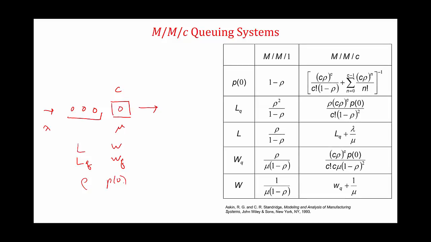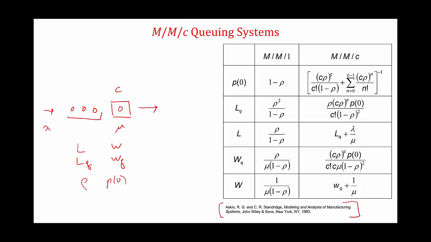So we can easily find these things under the MMC assumptions that the arrivals are Markovian and that the service is also Markovian. You can see that I have the table of formulas extracted from the Modeling and Analysis of Manufacturing Systems book. And so the Python module, mmc.py, essentially implements this set of equations.